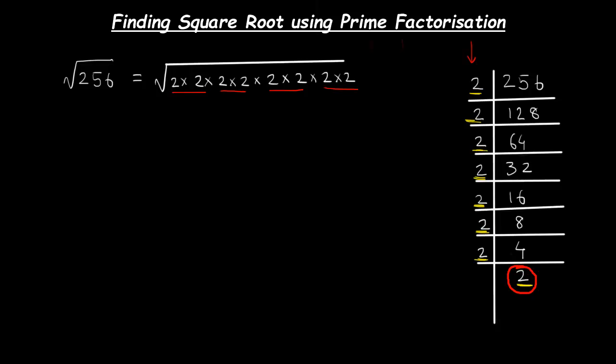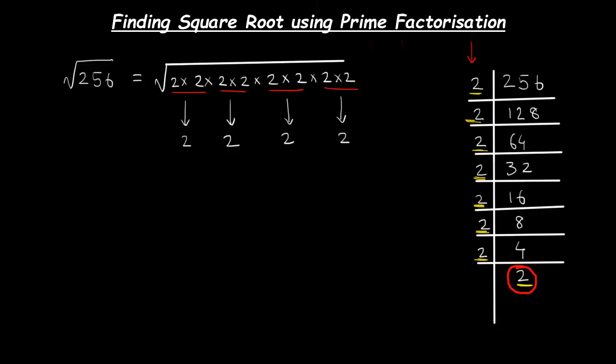Now once you form pairs of same numbers, what you have to do is pick one from each pair. So from this pair you will pick a 2. From this pair you will pick a 2. From this you will pick another 2. And from the last pair you will pick a 2.